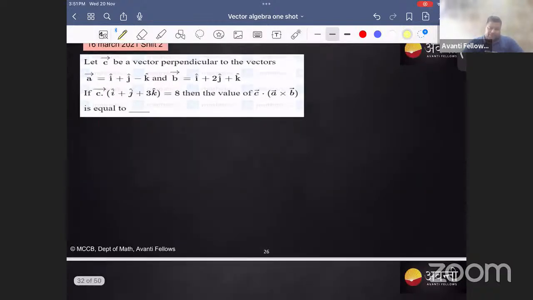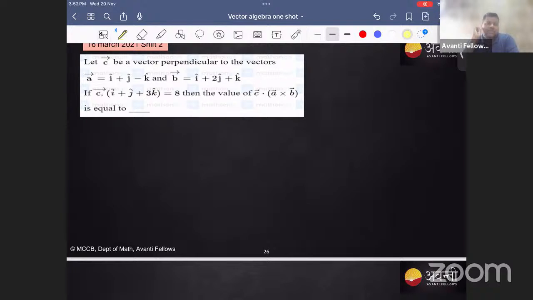Now try this question. C is a vector perpendicular to A and B, and C dot I cap plus J cap plus 3K cap is 8.